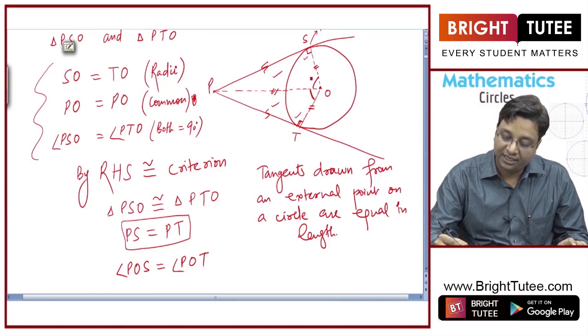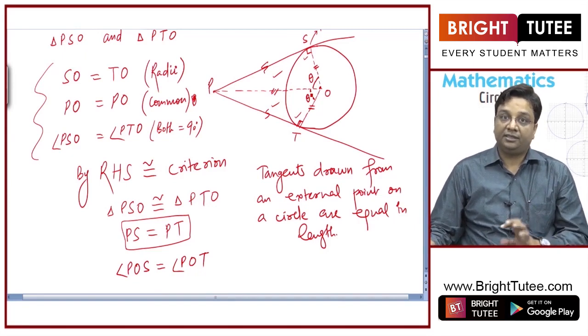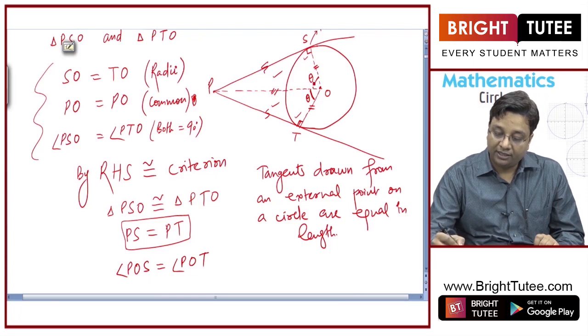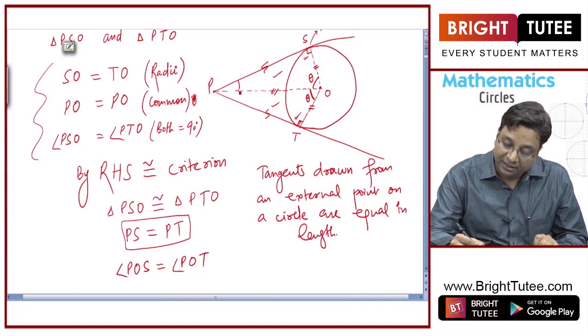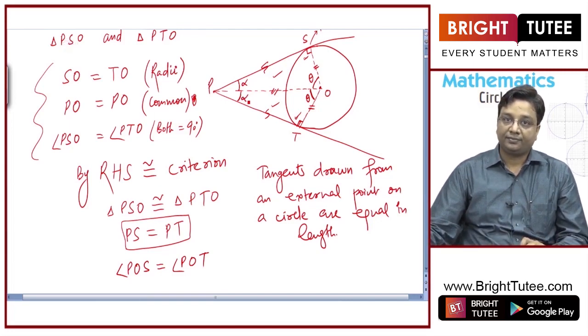If we name this angle theta, this angle will also be theta. This is an equally important result. Now you see in these two triangles, if this angle is equal to this angle, then we can say that this angle is equal to this angle as well. If this angle is alpha, then this angle is also alpha, right?